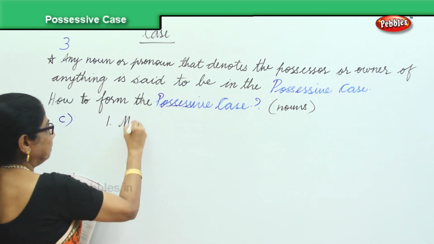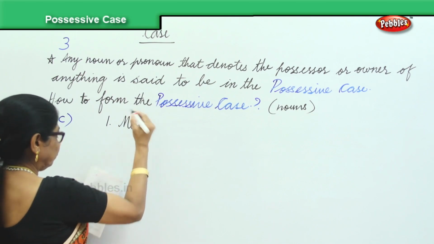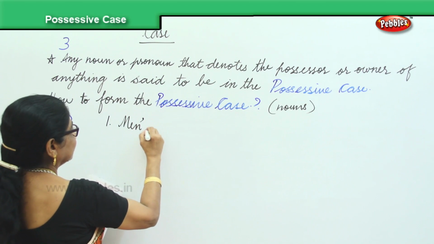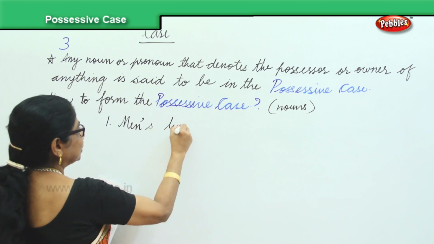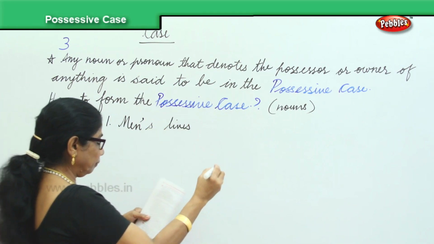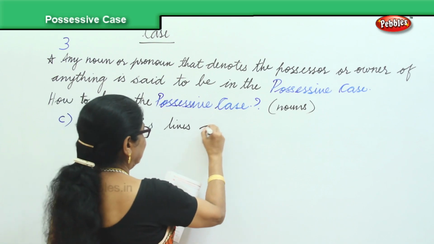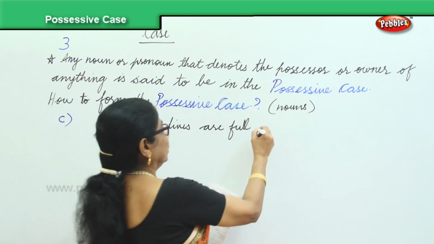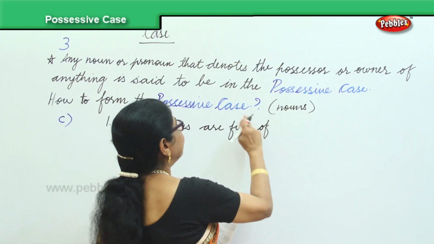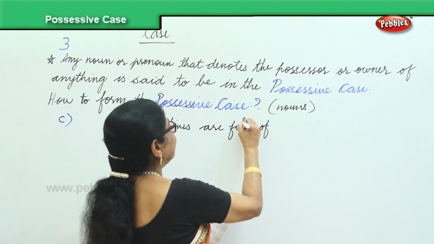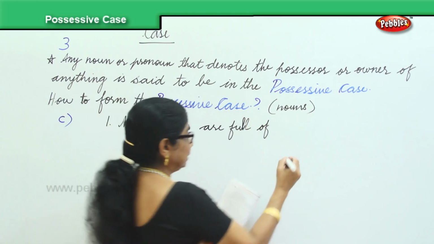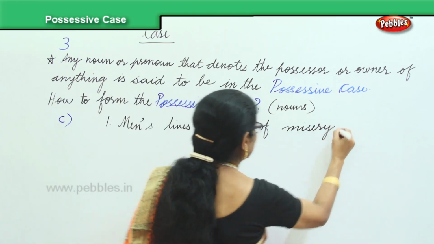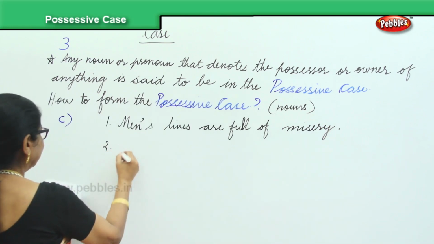First one, men's lives are full of misery. Look at the sentence carefully.